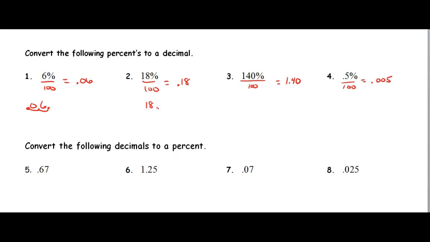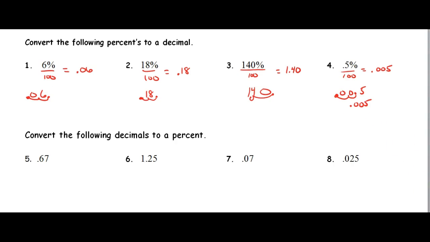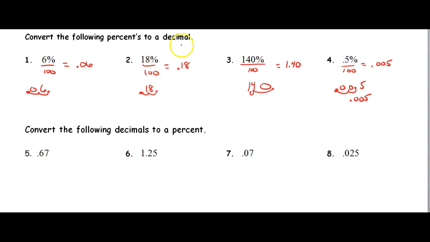It's 18 point, because the decimal's to the far right, 1, 2, you get 0.18. 140%. If I look at 140, the decimal's here, move it 2 places, I end up with 1.40. And 0.5%, move it 2 places, fill them in with zeros: 0.005. Okay? So to convert a percent to a decimal, you take the percent and you divide it by 100.